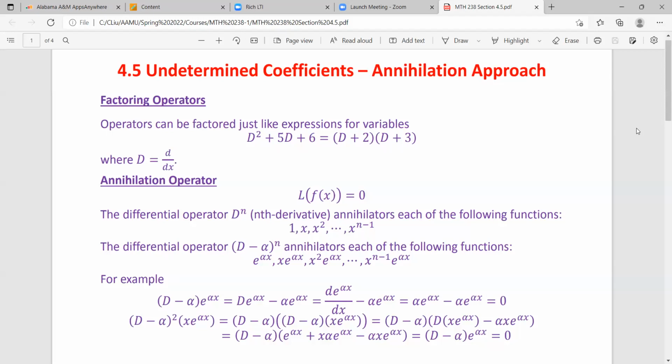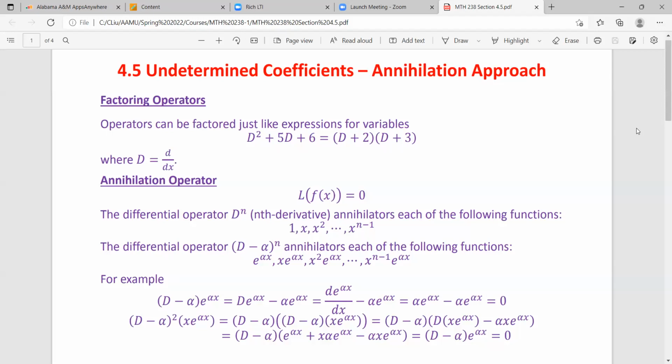So the second term becomes x times alpha e to the alpha x. And then we subtract alpha x e to the alpha x in the third term. You can see the second term and the third term just cancel. So it just becomes D minus alpha acting on e to the alpha x, which we already did in the first example, and that's just 0. Okay.